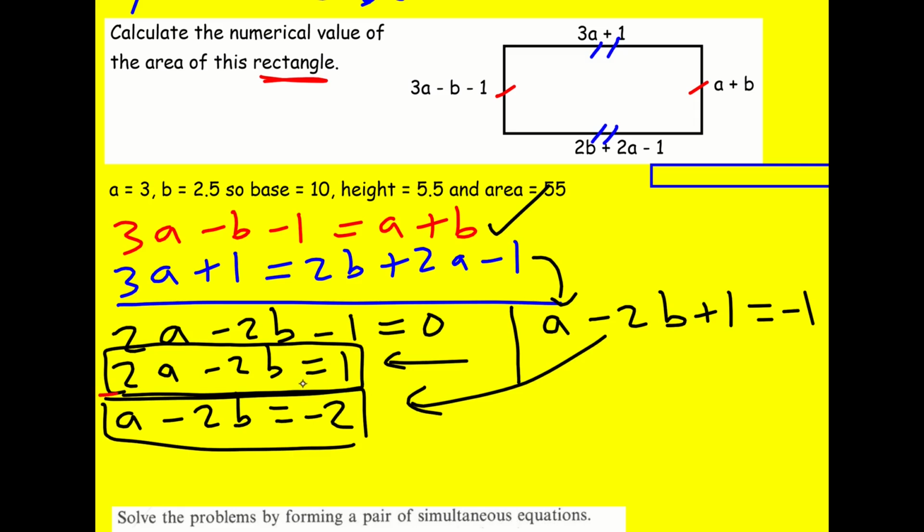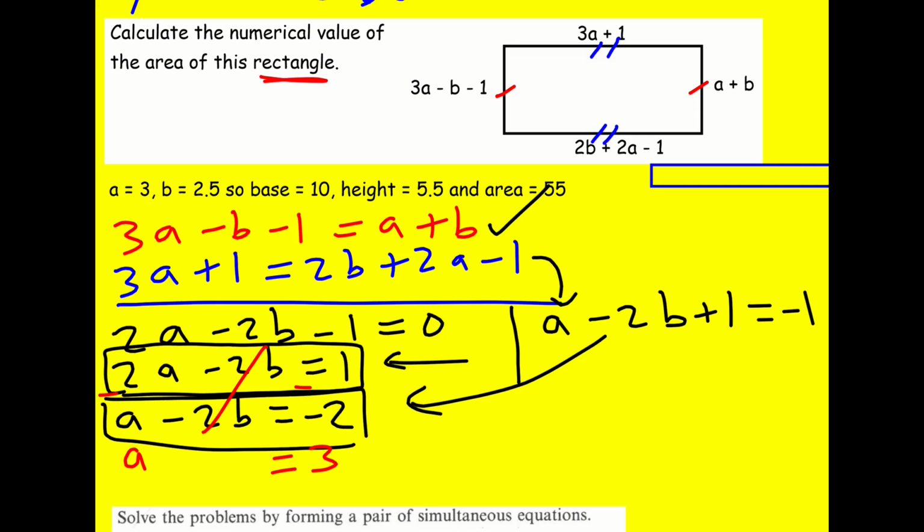Quite a lot going on in this problem, but this is the sort of problem you can face. We get 2a minus a is going to give me a, minus 2b minus 2b is going to cancel. Because they're both negatives, I still subtract the equations and these cancel. And I've got 1 minus 2, and that's going to give me 3. I get quite a nice number.